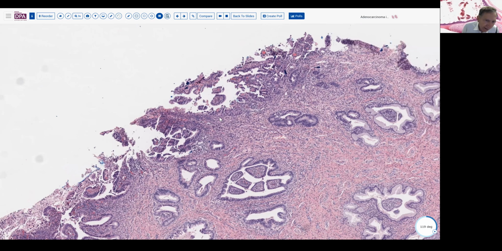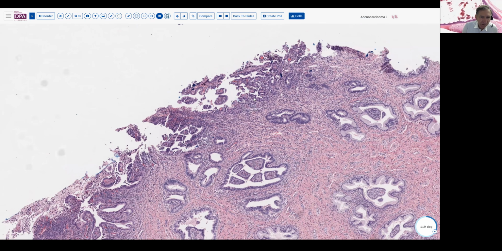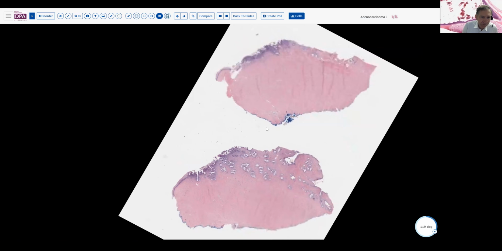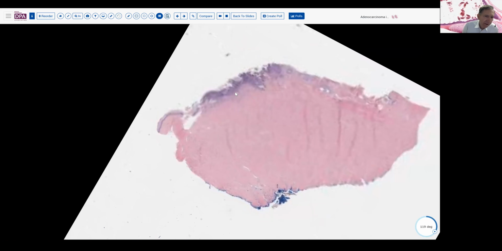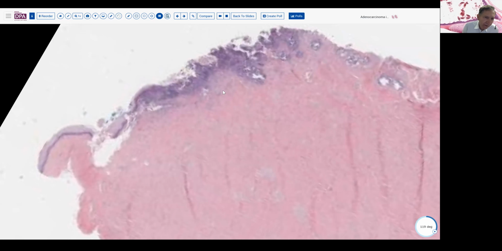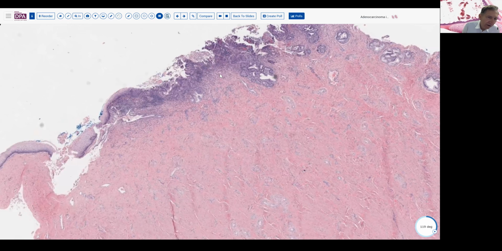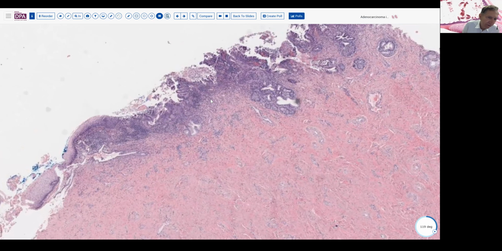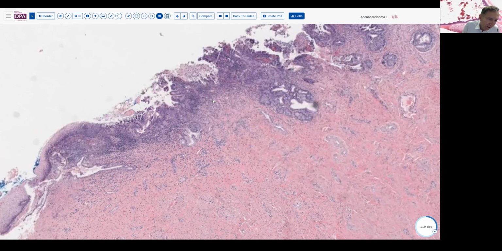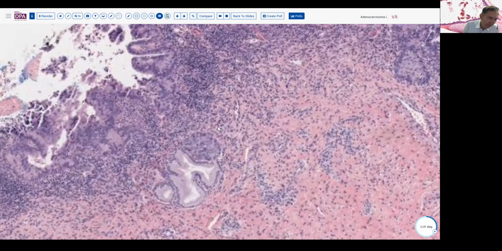Now let's look at this other fragment. In this case, I think there's evidence near the surface of very superficial invasion.